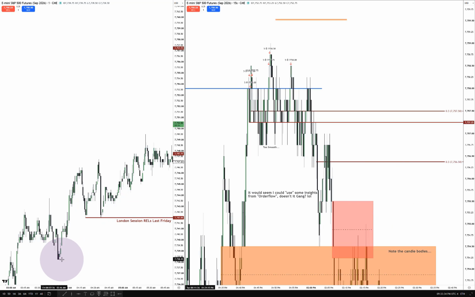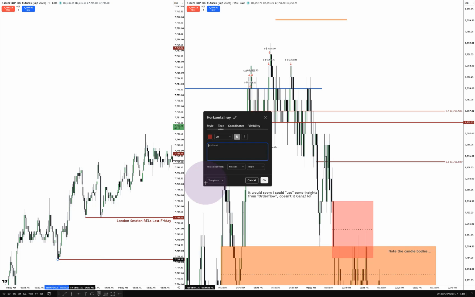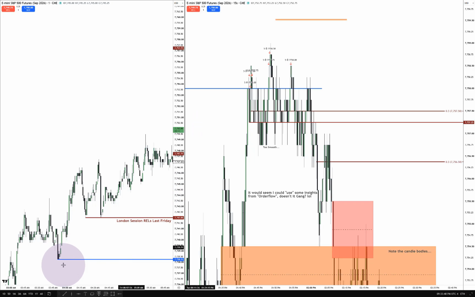I'm going to annotate this low with a blue line, the blue line just beneath this annotation right there. So this red line has the London session relative equal lows from last Friday, and the blue line represents this.